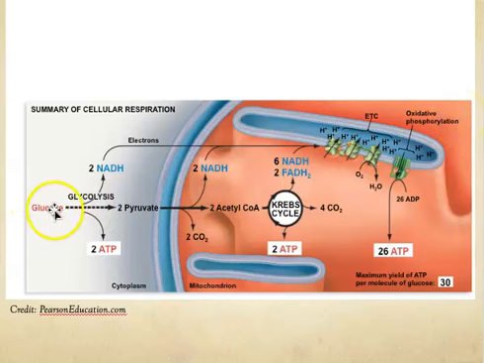This is all a long, long series of oxidation reduction reactions that ultimately produce ATP. The final step is a phosphorylation. We're going to phosphorylate ADP and make ATP. That's why we call it oxidative phosphorylation.